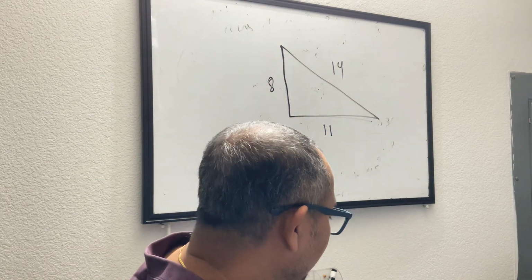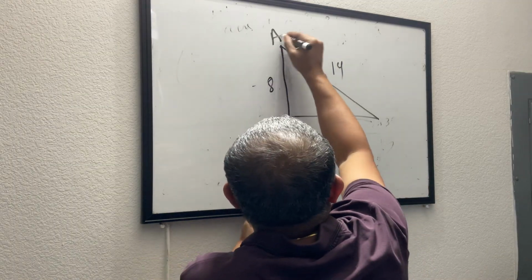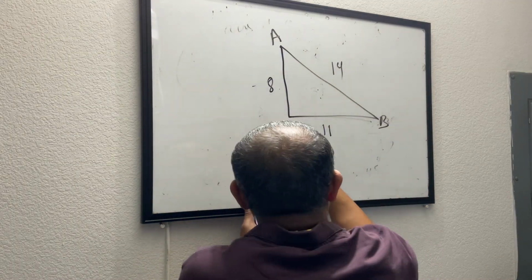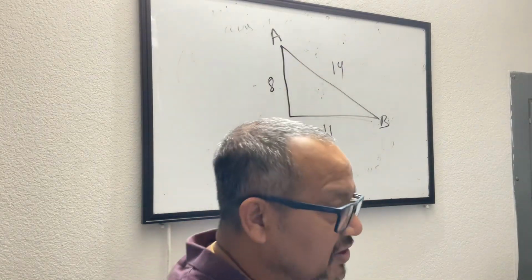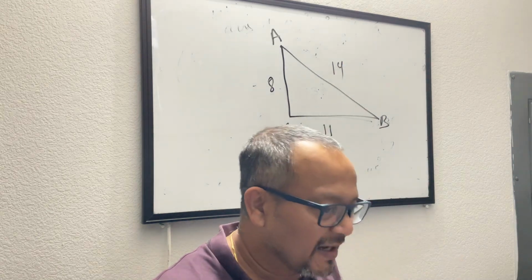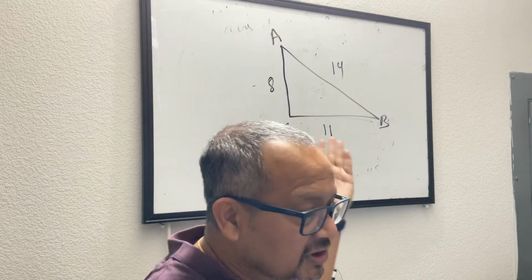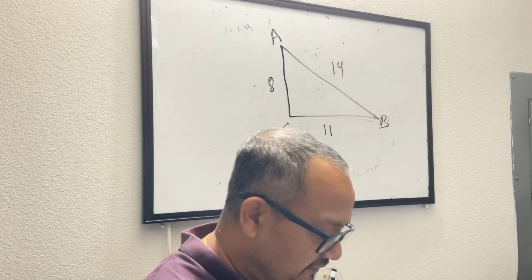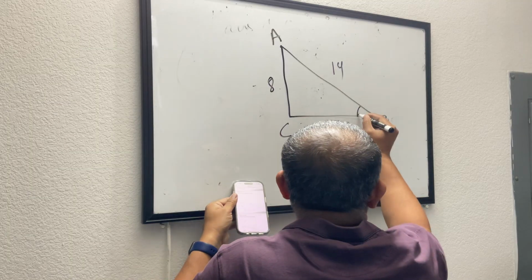Let's say this is A, B, C. You have a triangle with sides 8, 11 and 14, and this is not a right angle triangle, because there is no information or confirmation given for that. We have been asked to find the value of angle B.